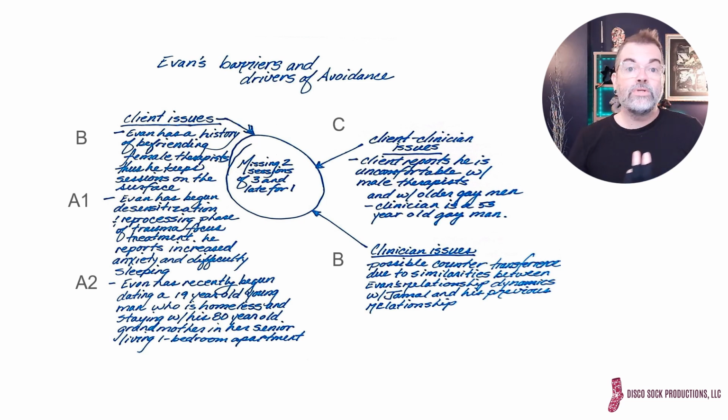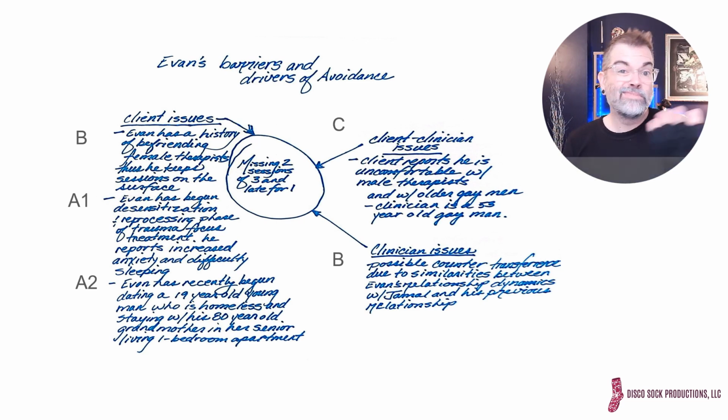If you have 5 drivers, technically you could have 5 A-level or high priority drivers that you want to address. More than likely, however, the client themselves will focus in on a few of them that they feel are the most important.